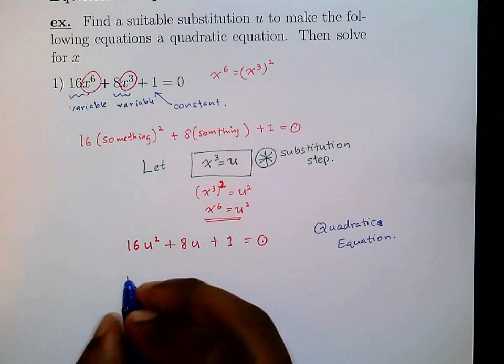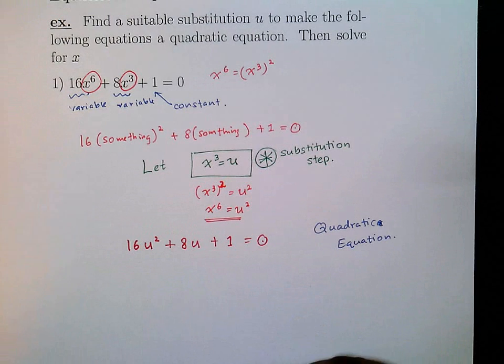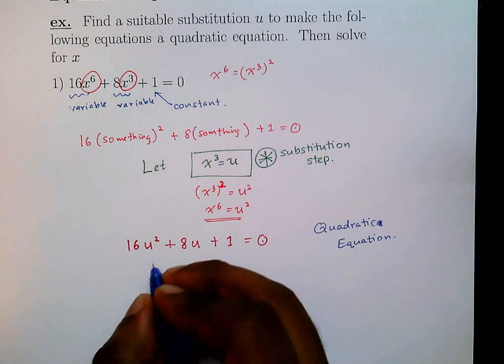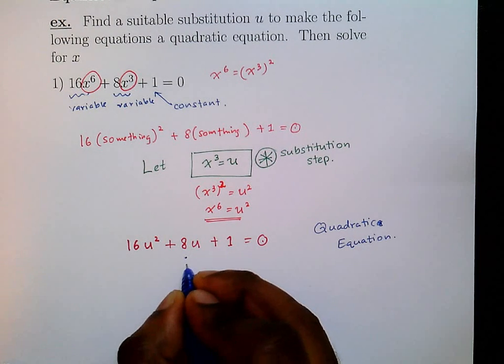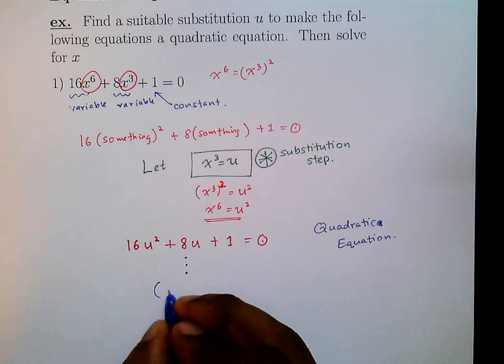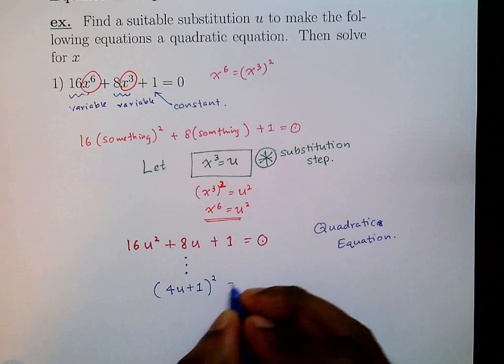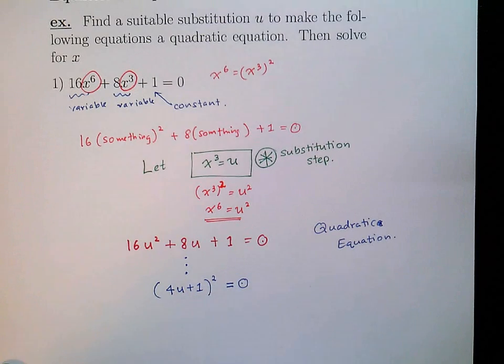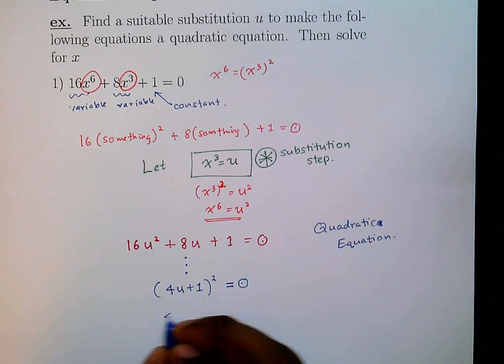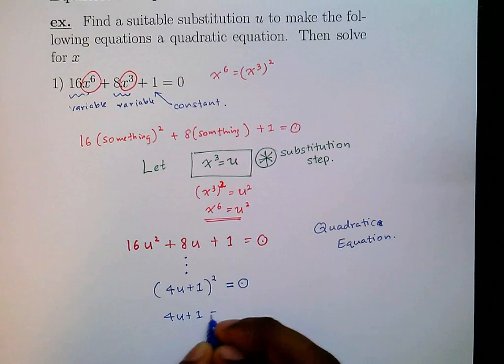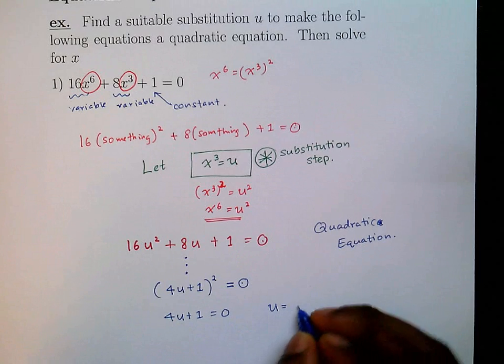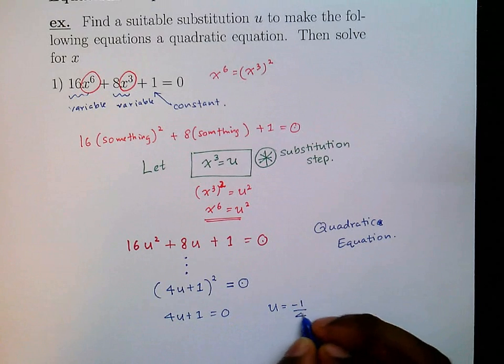Okay, now let's factor this. Again, it's up to you. You should know how to factor equations. I would leave you the middle steps. It would be 4u plus 1, all this squared, is equal to 0. Okay, and then you get 4u plus 1 equals 0. So u equals negative 1/4.